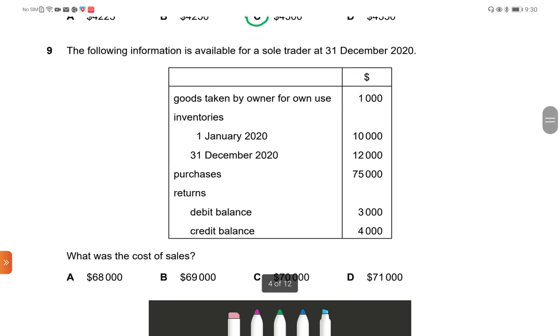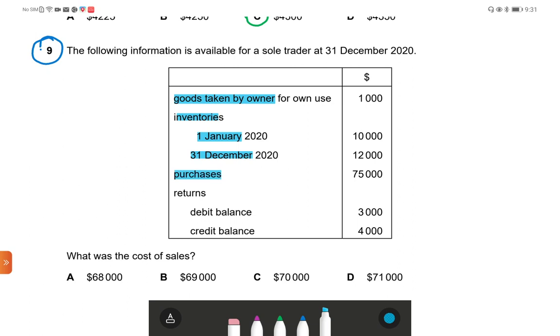Next, question number 9. Goods taken by owner for own use, 1,000. Drawing is 1,000. Inventory on 1st January is 10,000. 31st December is 12,000.